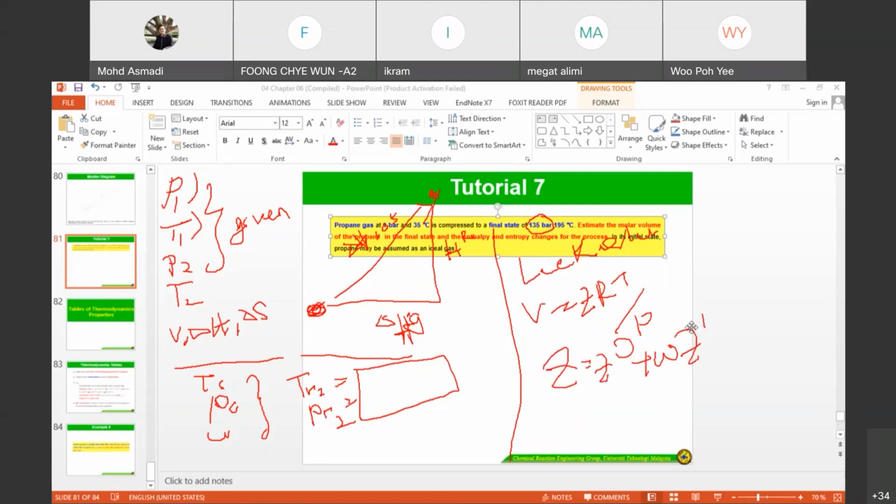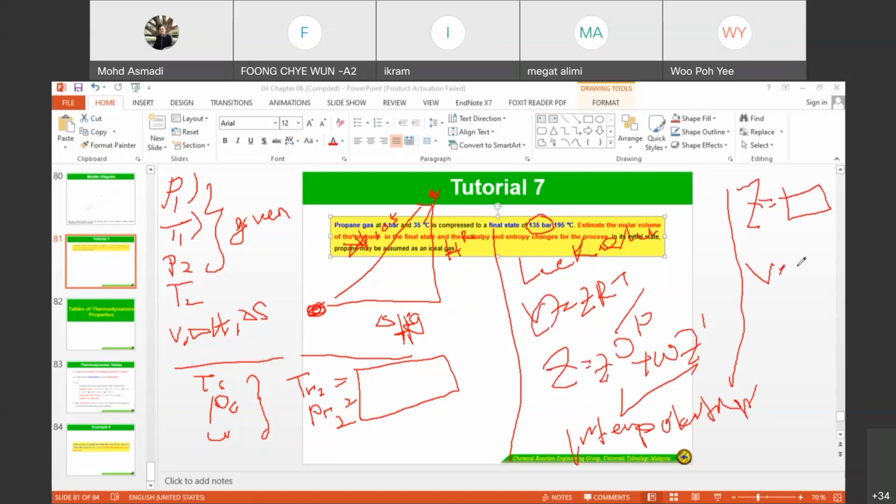To determine this, interpolation. So determine Z and then find V. That is the first step, correlation by interpolation.